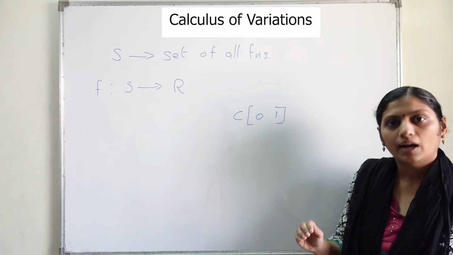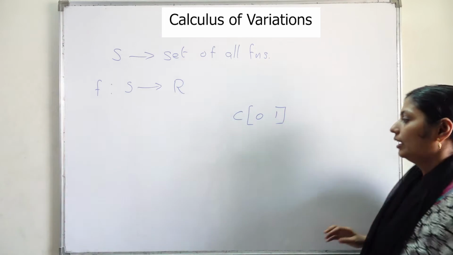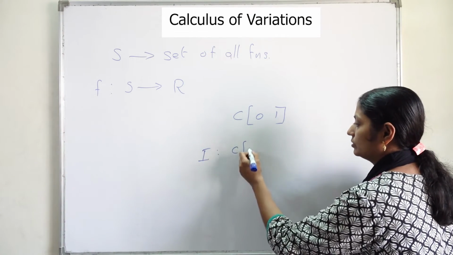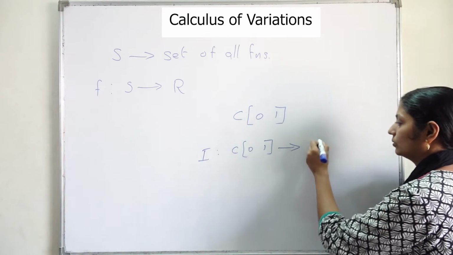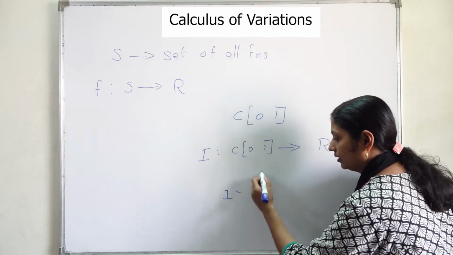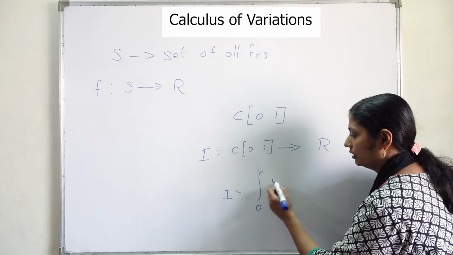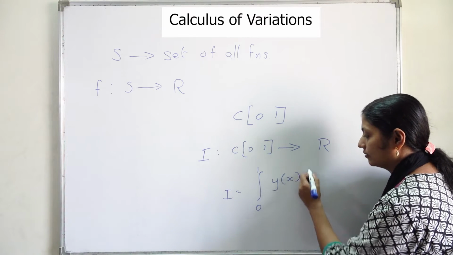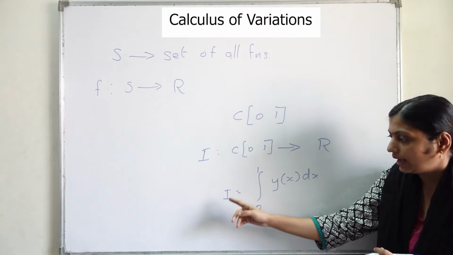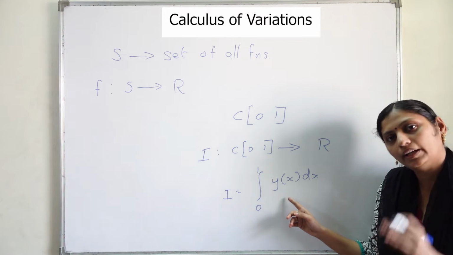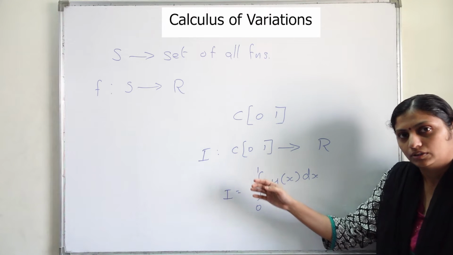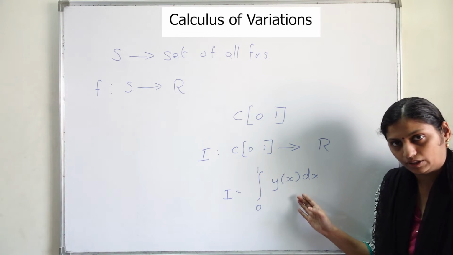So now I can define a function I from this C of 0, 1 to the set of real numbers in such a way that I is integral 0 to 1 y of x dx, where y of x is the set of all functions defined over 0, 1. And this is an example for a functional. You understood?